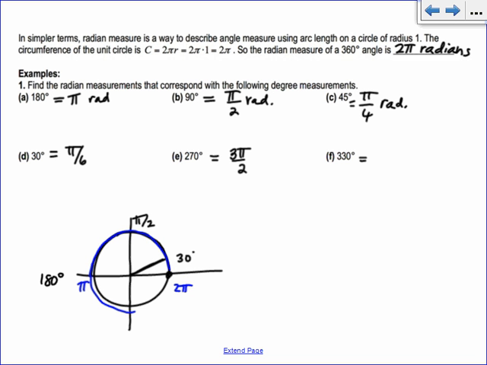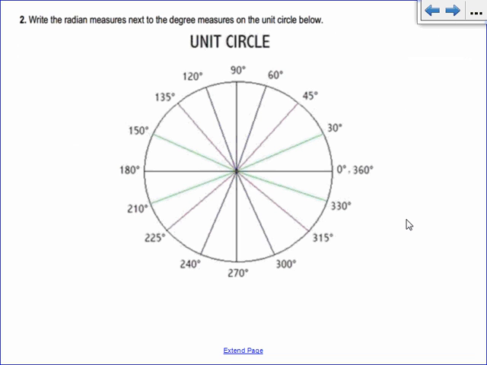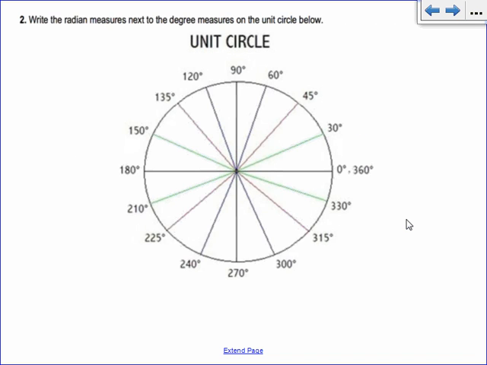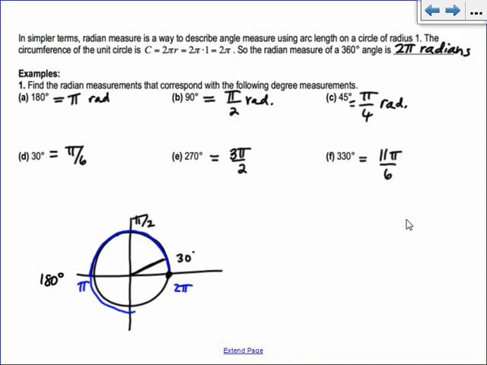All right, what could you do if you didn't know? How do we convert? Do you remember the formula? So our formula to convert, if I have 330 degrees and I didn't know how to make that 11 pi over 6, what you do is you put degrees on the bottom. Degrees on the bottom, radians on top.